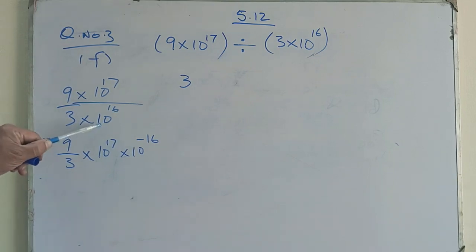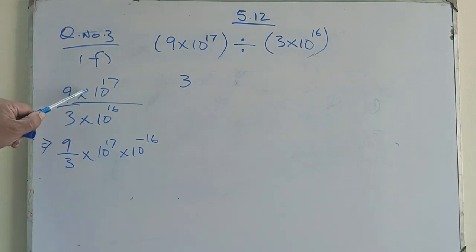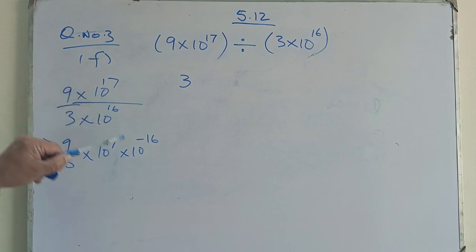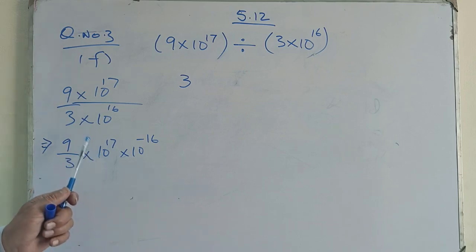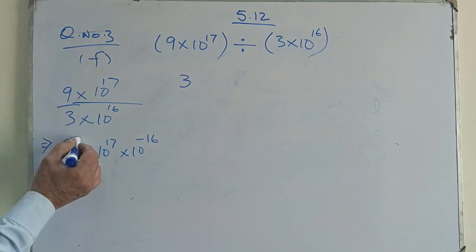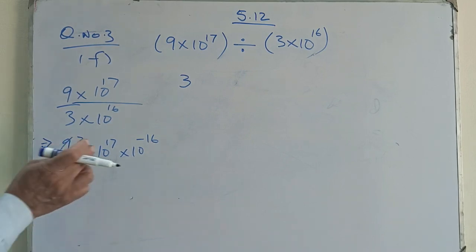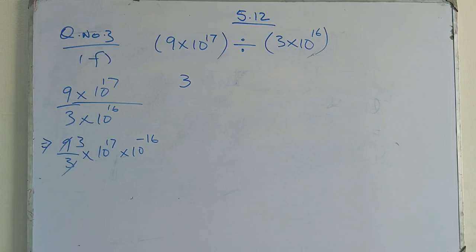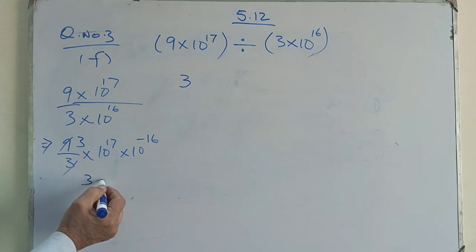When you shift from denominator to numerator or numerator to denominator, the sign will be changed. So what is the net result? Now this comes as 3. Now the bases are same, so we have to add the powers, and adding them up will give us only 1.